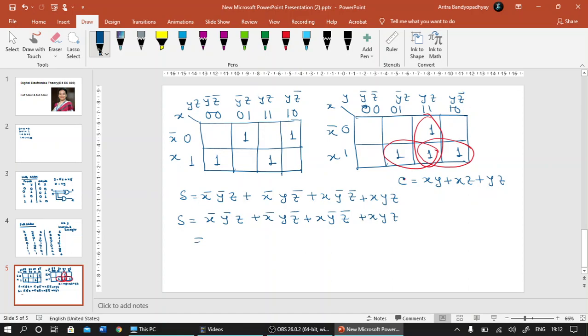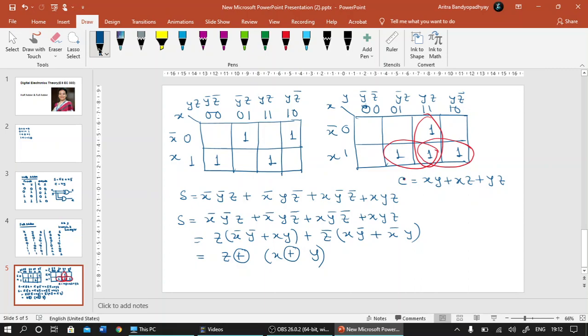So we can write here z (x complement y complement plus xy) plus z complement (xy complement plus x complement y). That is, we can write this as z XOR x XOR y.